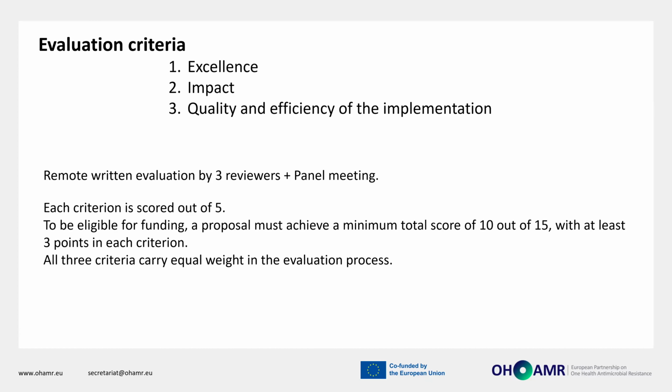Each criterion is scored out of 5, and to be eligible for funding, a proposal must achieve a minimum total score of 10 out of 15, with at least 3 points in each criterion. All 3 criteria carry equal weight in the evaluation process.